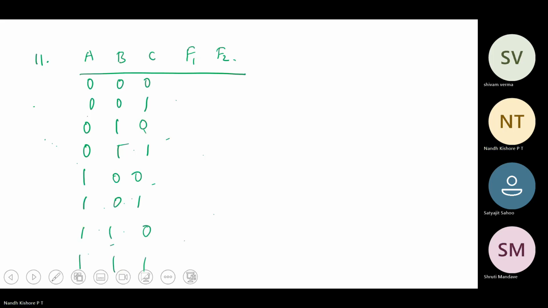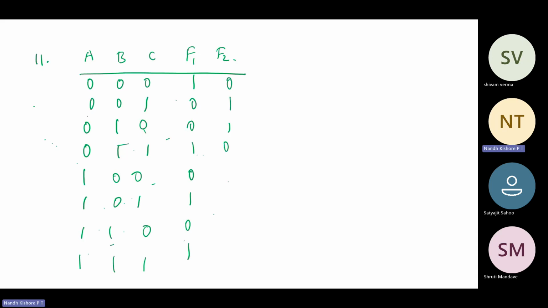Okay. So this is the truth table that's been given.